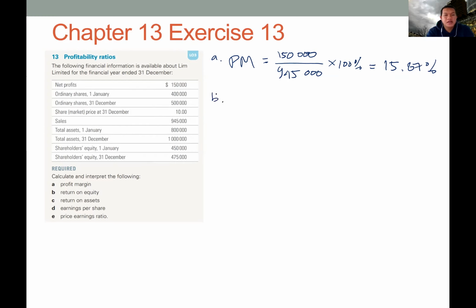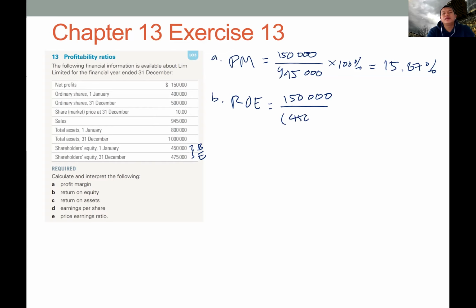Next one is the return on equity. As we have discussed, if we have a return, then we always have a net profit. So return on equity is the net profit divided by the average equity. So 150,000 of net profit divided by the equity. We have this equity, so the beginning balance is 450,000, and the ending balance is 475,000.